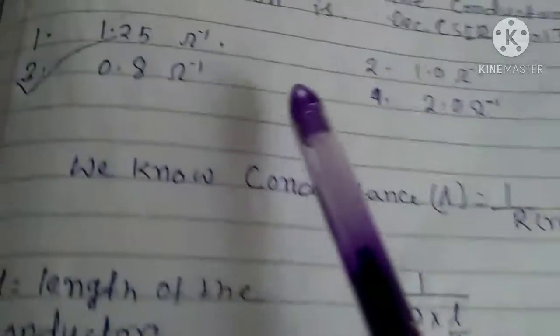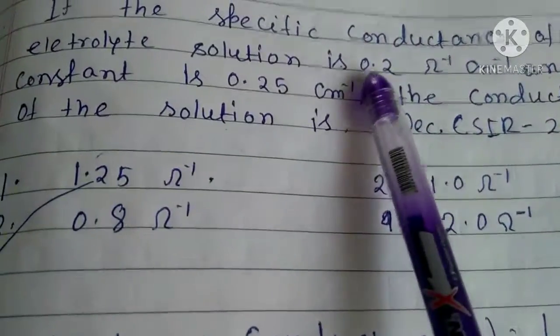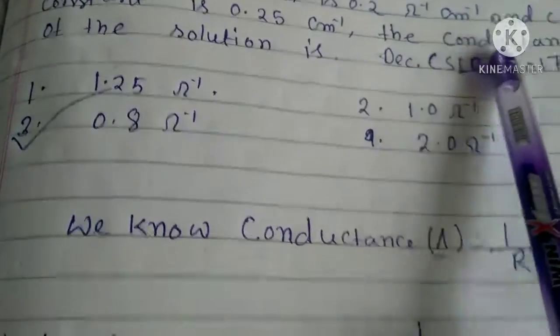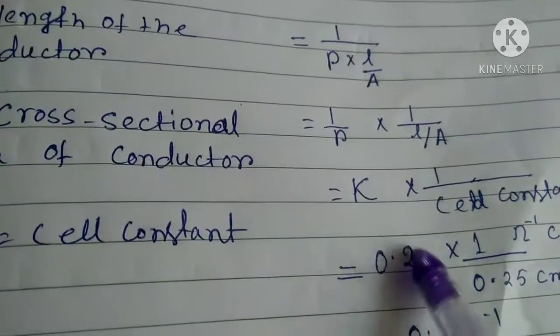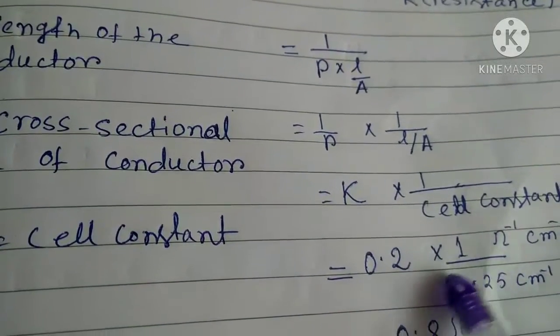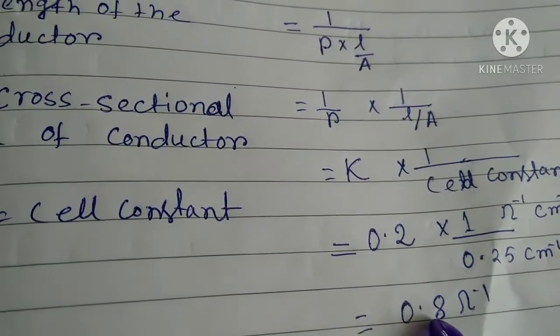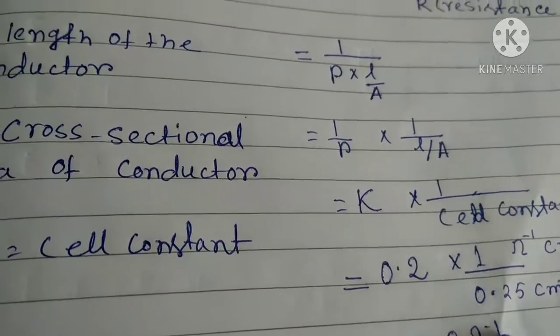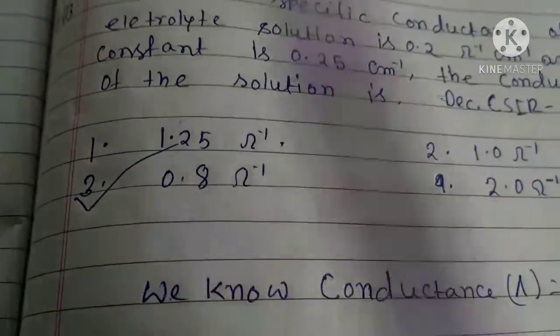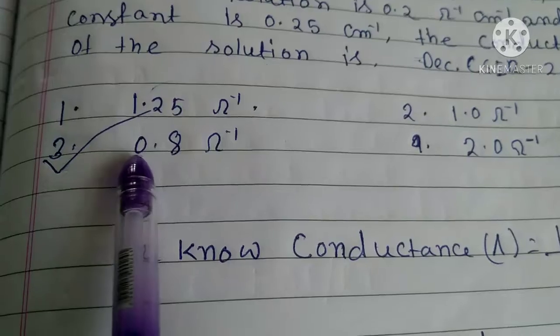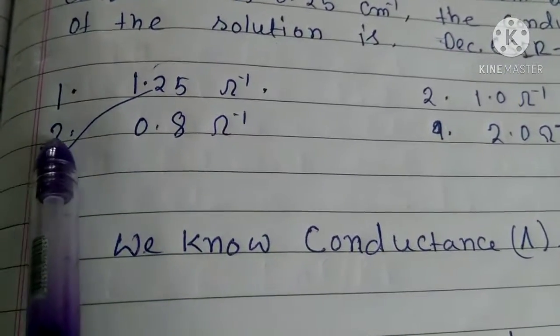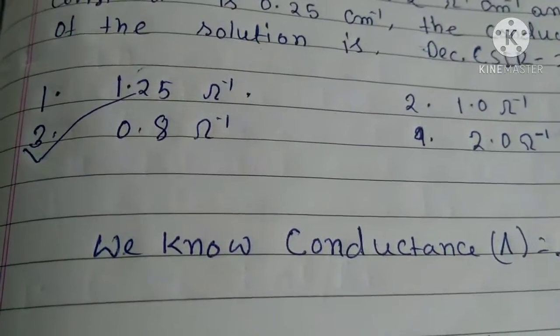The specific conductance is given, 0.2 ohm inverse centimeter inverse, and the cell constant value is also there, so it comes out to 0.8 ohm inverse. So the conductance is 0.8 ohm inverse, and option number 3 is the correct option.